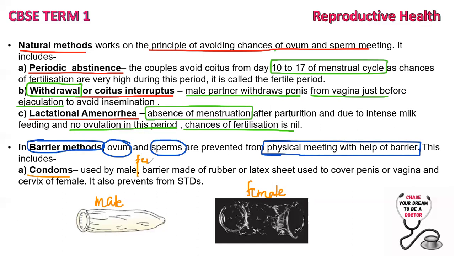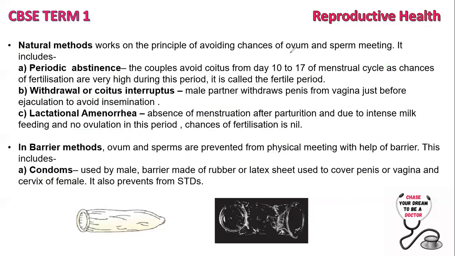It is a barrier made up of rubber or latex sheath that is used to cover the penis or the vagina and cervix of the female. And what is its main objective? Usage of condoms will prevent the user from contracting STDs, or sexually transmitted diseases. So that is the first method involved in the barrier method.